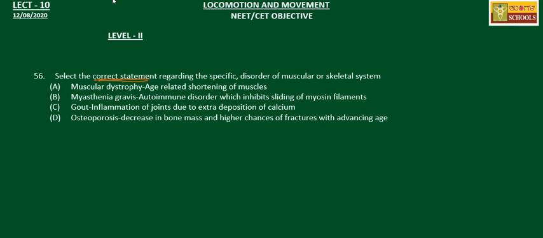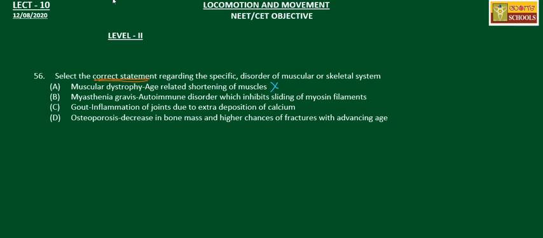We know it. So here, age related shortening of muscles is not matching. The next one, myasthenia gravis, is an autoimmune disorder.